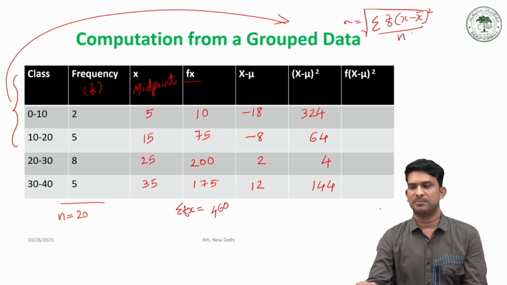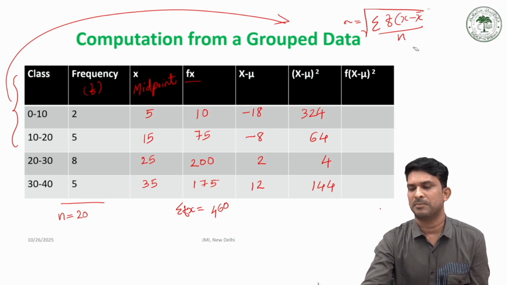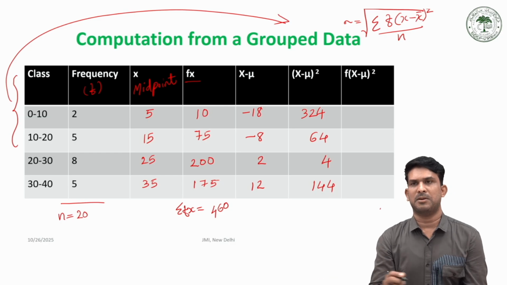Is it clear? Let me remove the rest again for clarity. It's clear now, right?